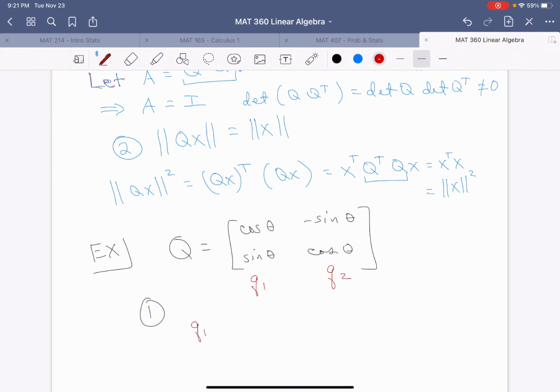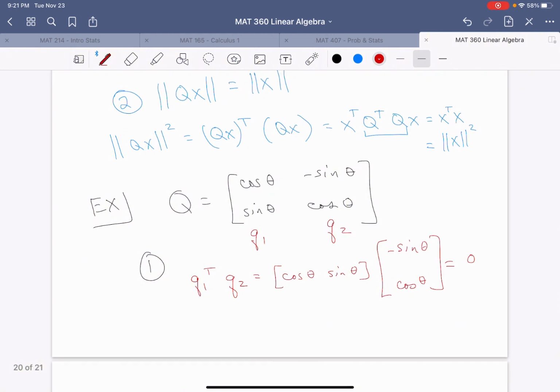But let's say Q1 transpose times Q2. That would be cosine theta, sine theta as a row vector, times negative sine theta, cosine theta. And it's pretty simple to see that that's 0.